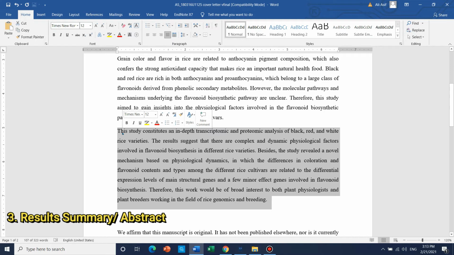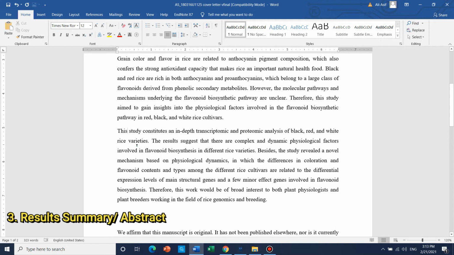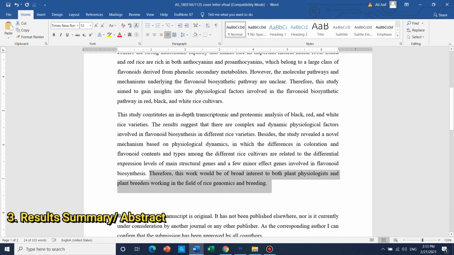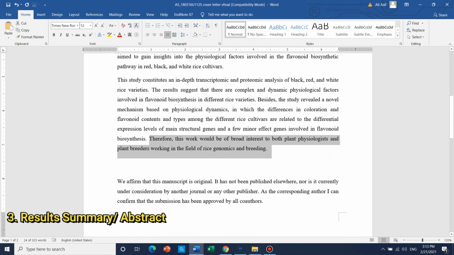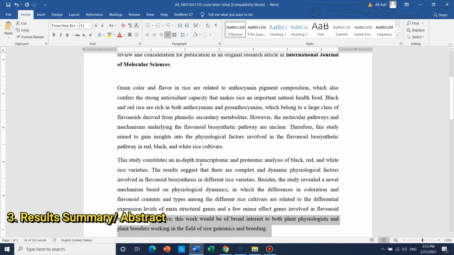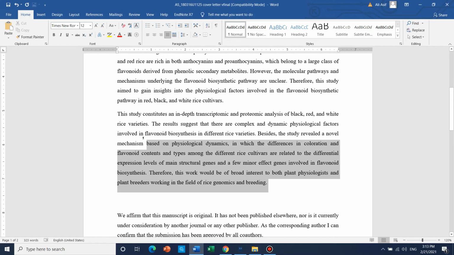You can write most of the data you have mentioned in the abstract, but it should not be exactly like the abstract, though about 80 to 90% is the same. Write a few lines about results and one line about why you did this work and how it would be useful in the future. This third part is similar to the abstract.